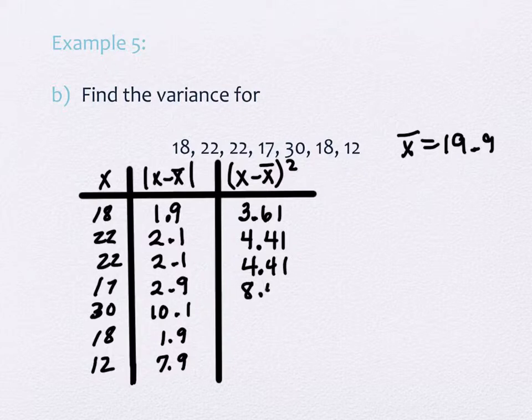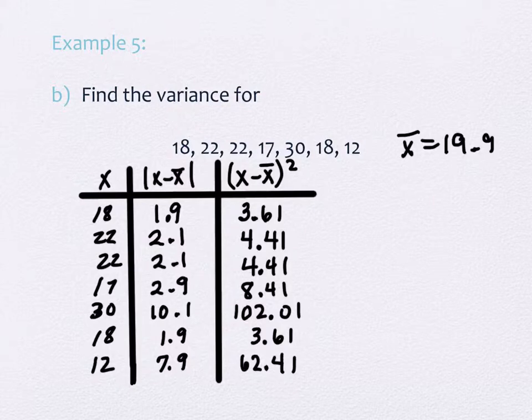All right. 10.1 squared. Good. 1.9 I already had, so that's 3.61 again. And the last one is 7.9 squared. Awesome. Okay, so I've got the squaring column. And then I'm going to sum, okay? So this is the column I'm going to sum on this one. What is the sum of the squared column?